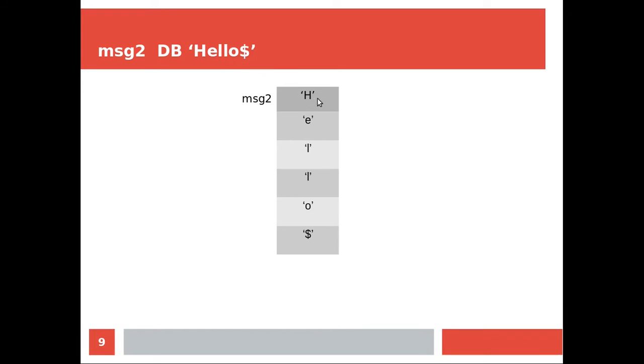That is 1 byte for H, E, L, L, O, $, and that will be identified by the msg2 variable. Okay, it's the same as writing msg2 db with comma separated characters.